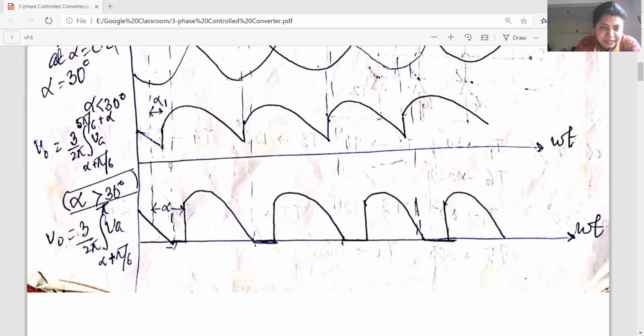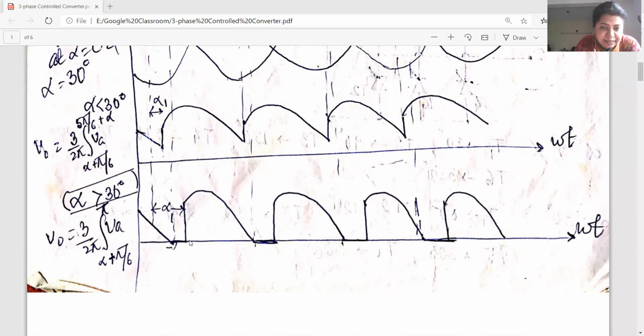Now, this interval is 30 degree. So, if alpha is greater than 30 degree, this is a resistive load. Since this is a resistive load, this waveform will not go to the negative side. So, here, T3 is conducting, then it will remain 0 unless and until T1 is triggered.